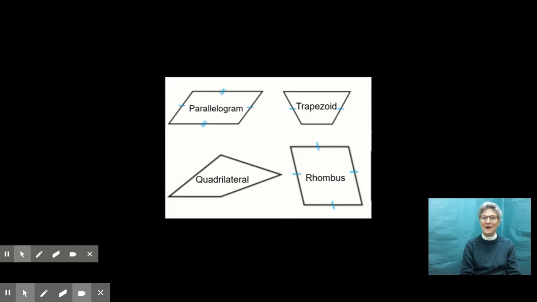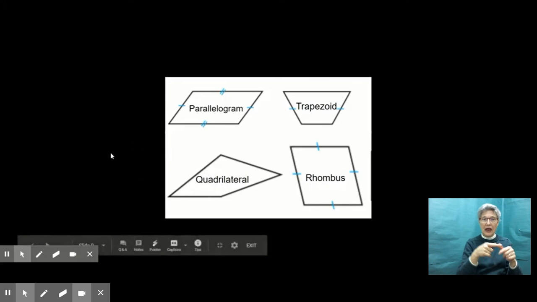Here we are. So the first shape is a parallelogram. Okay, there's 2 sides of the same length and 2 pairs of parallel sides. The next shape over here is a trapezoid. I see 1 pair of parallel sides. Then down here, I labeled it quadrilateral.